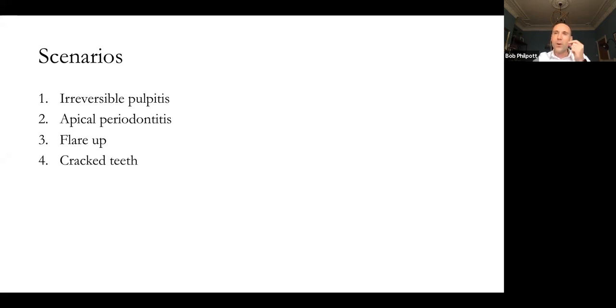Cracked teeth, biting on a hard bit of seed, it feels sore when I bite onto it, bit of cold sensitivity, you correctly identify it, and then you potentially put a stainless steel band on or maybe a GIC overlay, but you identify it and you tell your patient what's going on. And then we go back to our 3A's approach, which again, not harping on about it, but we can use that now, and I think we can use it more effectively than we have done before. And I think that is really, really important.